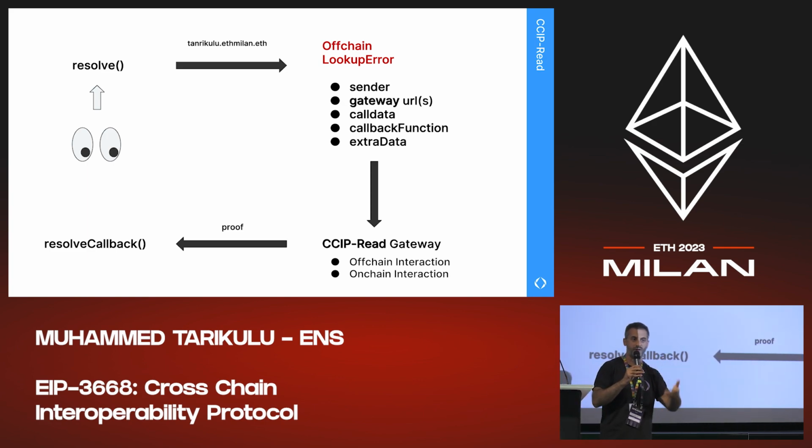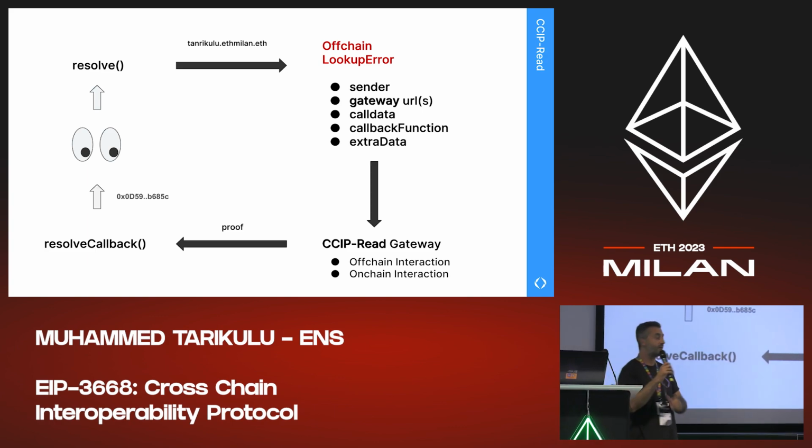It decrypts the result for you, and at the end of this flow, you get the address. Again, you get the information from the contract indirectly, without changing any state.